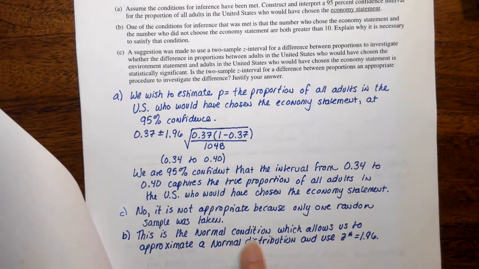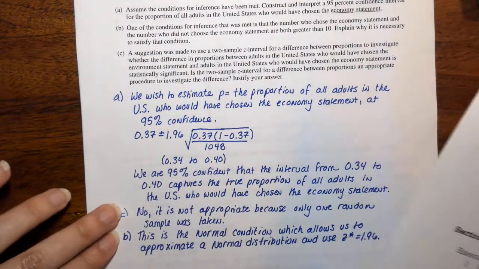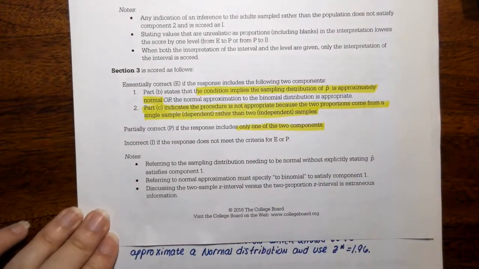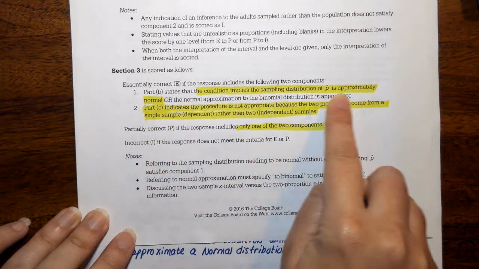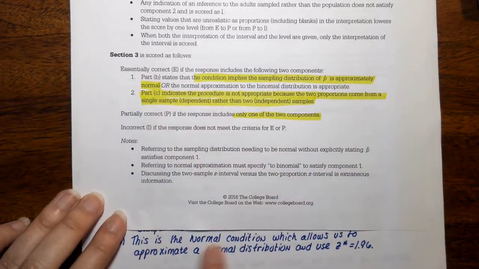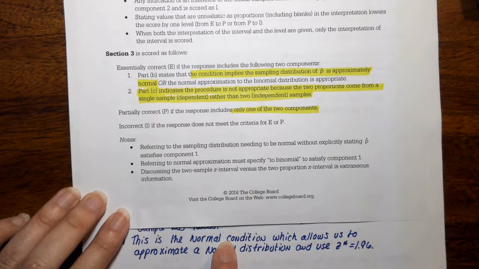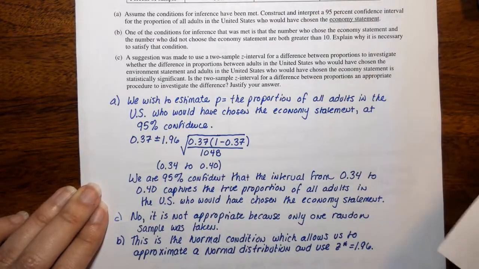Okay, this is the normal condition which allows us to approximate the normal distribution and use z star equals 1.96. What happened here? Okay, anyway, I did this like a year ago, or 2. Okay, so implies that the sampling distribution is normal, so I said this is the normal condition. Or that the normal approximation to the binomial is appropriate. Okay. Well, that's funny.